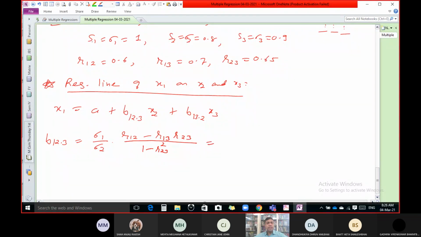Sigma 1, that means S1, is 1 upon 0.8, into R12, that is 0.6, minus R13, 0.7, R23, 0.65, upon 1 minus 0.65 the whole square. So simple calculation is there.